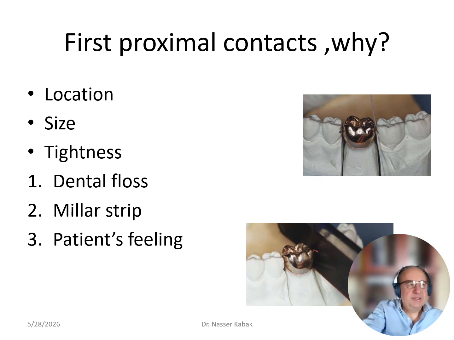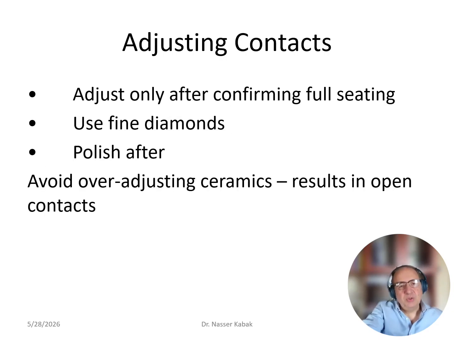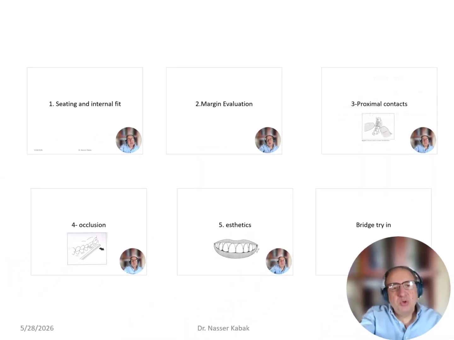But of course, if everything goes smoothly between you and the laboratory technician regarding the preparation, the impression taking, the fabrication of the restoration, the contact point is rarely an issue in fixed prosthodontics. So we should prepare these contact points carefully and amend them carefully using fine diamonds. Then we will polish and finish these contact points.